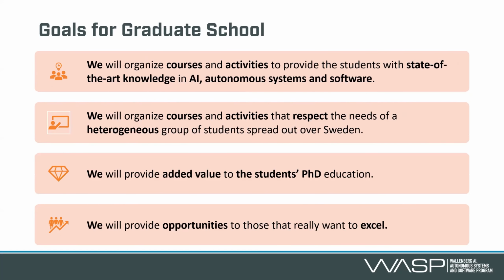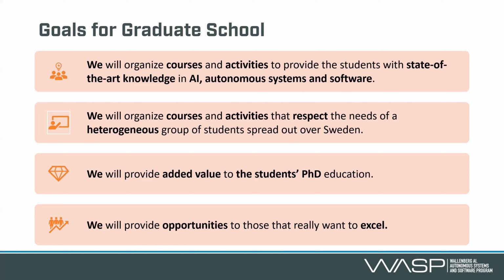So the goals for the graduate school are that we will organize courses and activities to provide students with state-of-the-art knowledge in AI, autonomous systems, and software. We will organize courses and activities that respect the needs of a heterogeneous group of students that are spread out over entire Sweden.